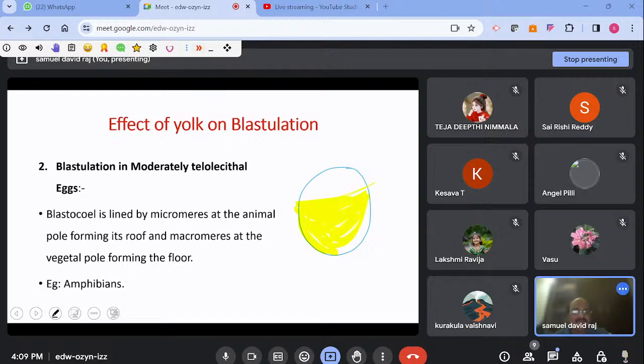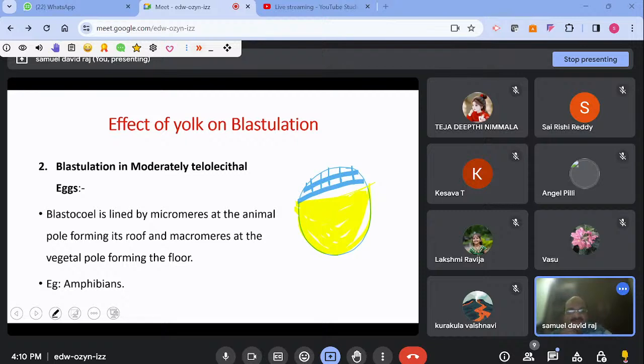Now, all the divisions are restricted to the animal pole only. So, it forms a disc-like structure. And we have already seen that in all the vertebrates, the blastoderm is multicellular. It is thick, multicellular.